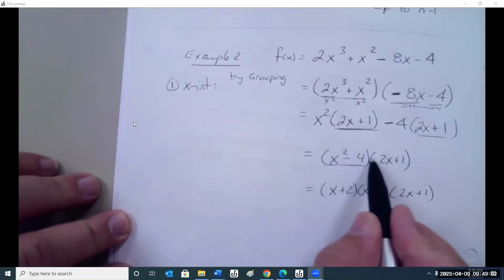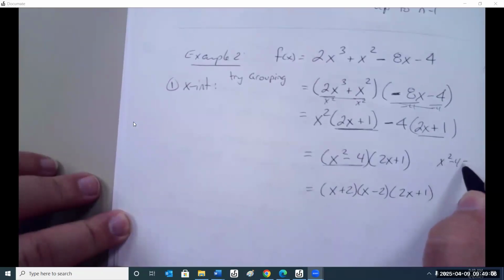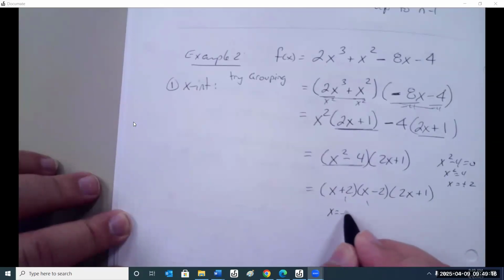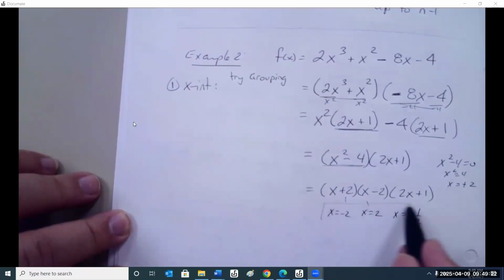So x squared minus 4 equals 0, x squared equals 4, so x equals plus or minus 2, which is what this tells us. So x equals -2, x equals 2, and x equals -1/2. Those are my x-intercepts.